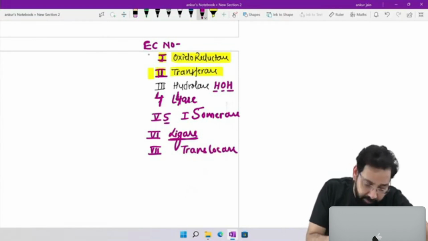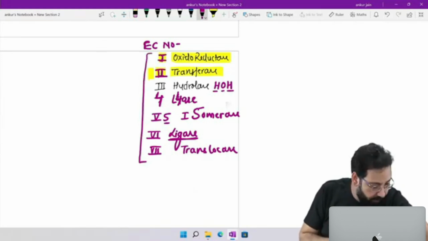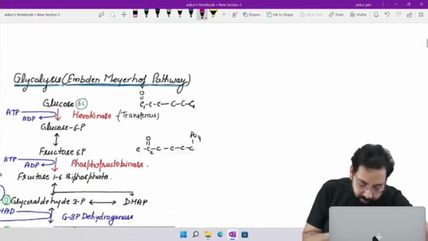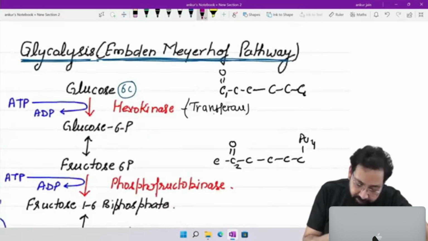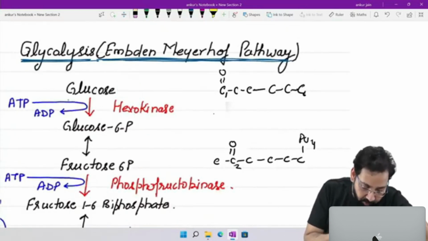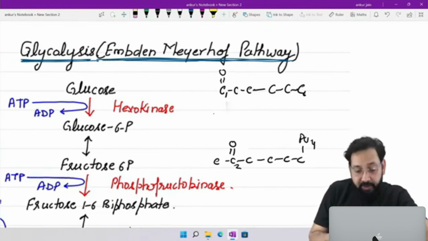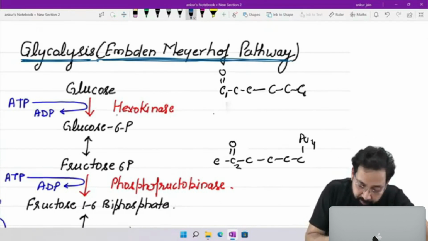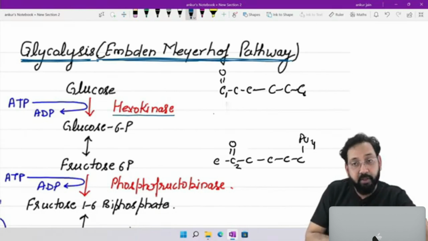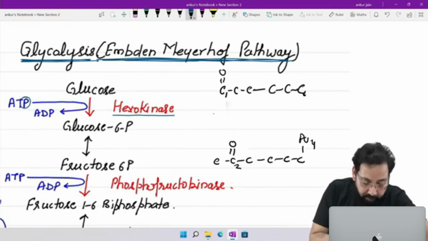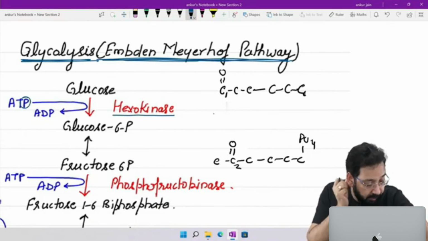So you will remember the classes. If I ask you that hexokinase is classified as what, any enzyme which transfers a group is classified as transferase. So hexokinase is transferase. It transfers one phosphate from ATP to glucose, that's why it is transferase.